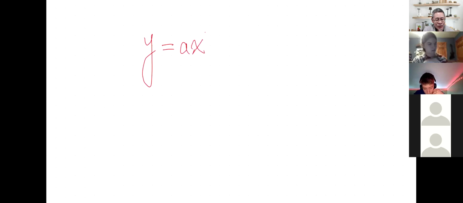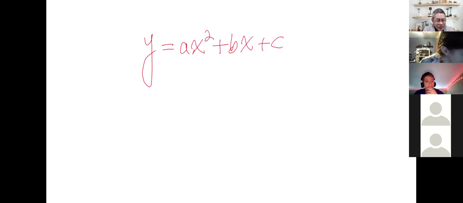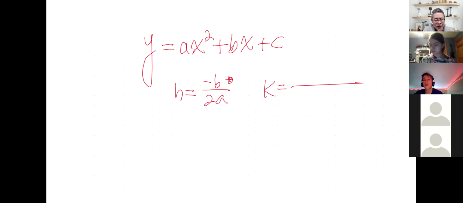So now, to graph a quadratic function, all we need are two formulas. One is the vertex formula, h equals minus b over 2a, and k equals 4ac minus b squared over 4a, not c, 4a.